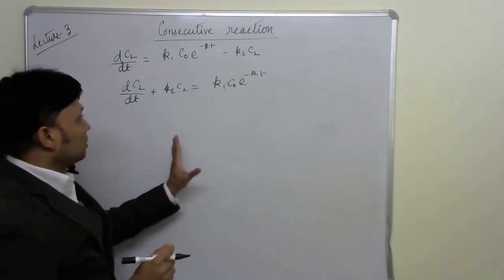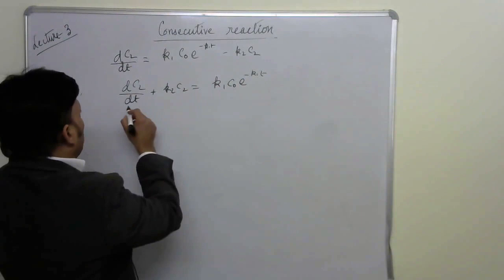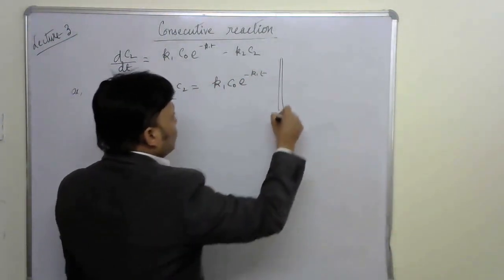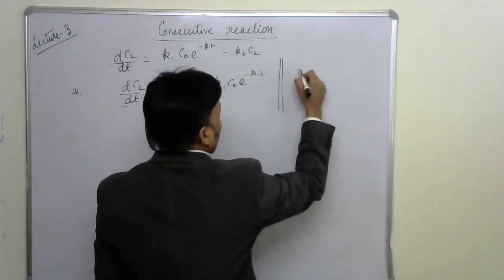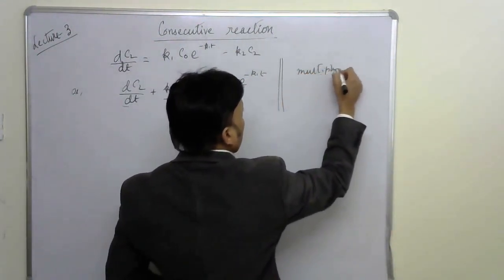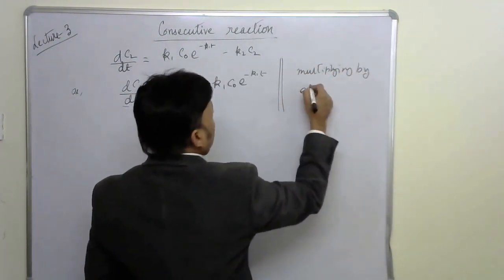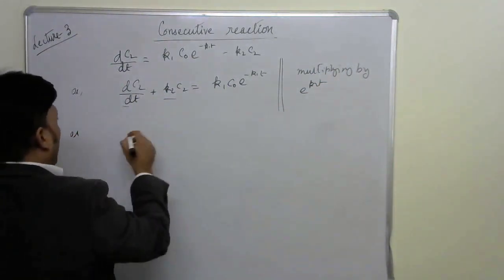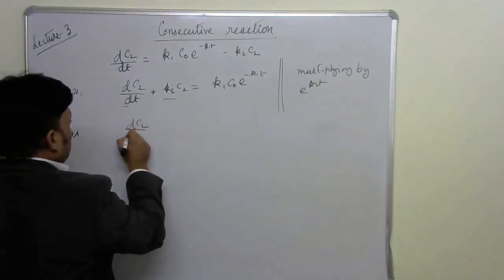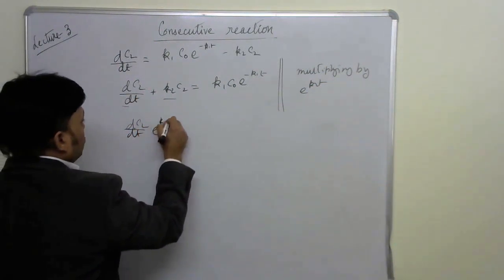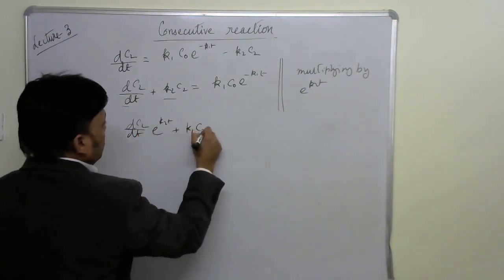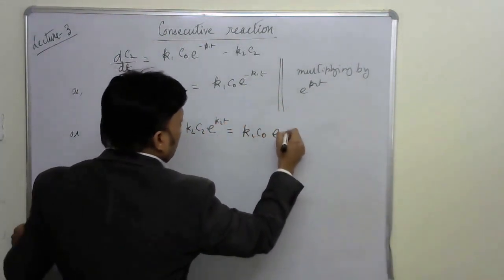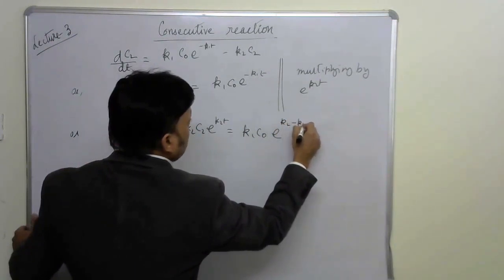So here the question is how to integrate. Now by looking at the nature of these two terms, what we can do here is multiply both sides by e to the power K2t. If we do that, then we can write dC2 dt e to the power K2t plus K2 C2 e to the power K2t is equal to K1 C naught e to the power K2 minus K1 t.